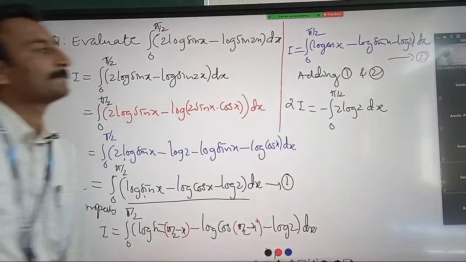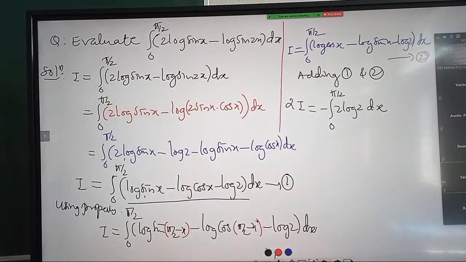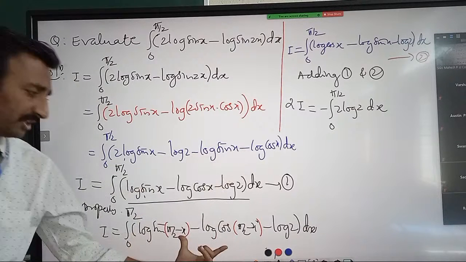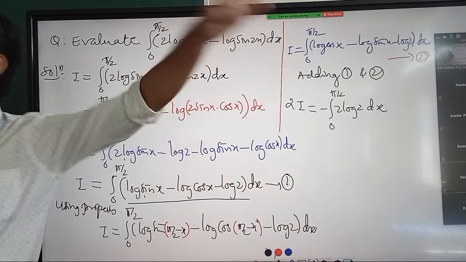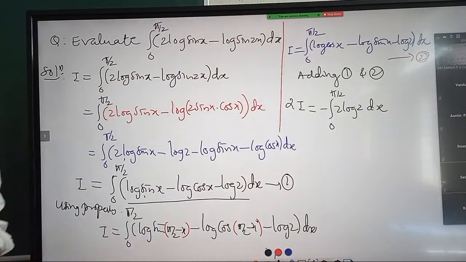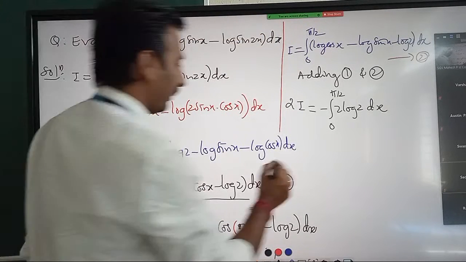Correct? Not necessary to write every term and cancel. It will be a very lengthy process. Already you have 3 terms here, that more 3 terms, 6 terms you need to write. Why you should do that? Not necessary. Okay?